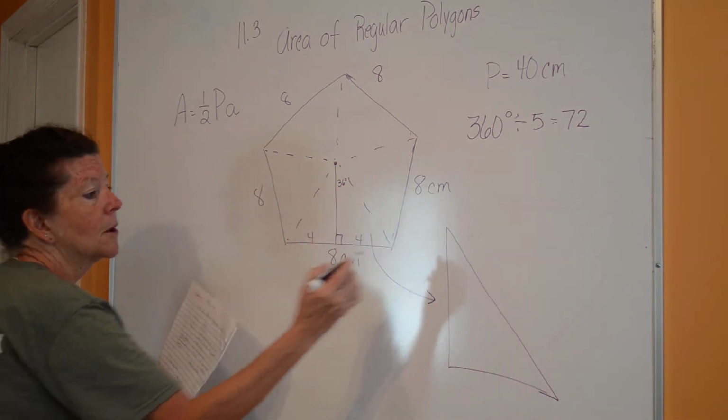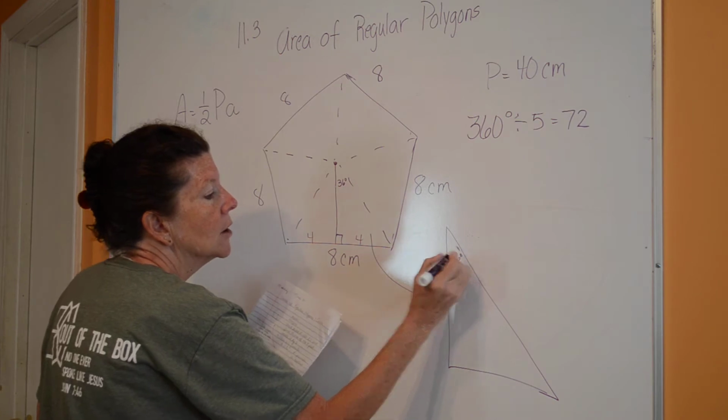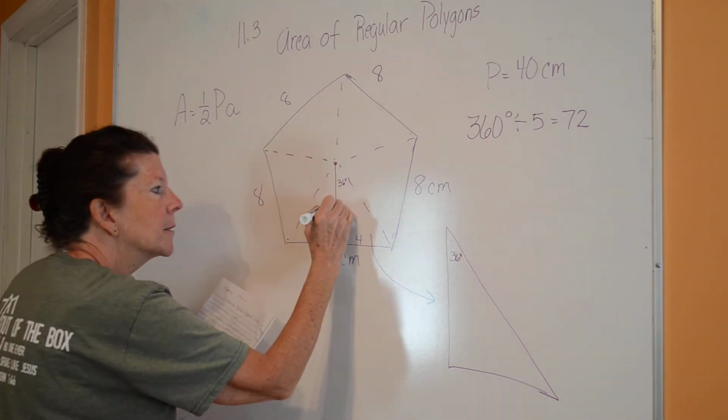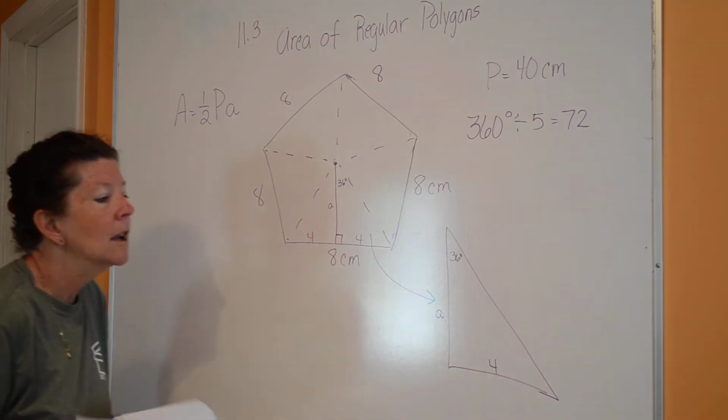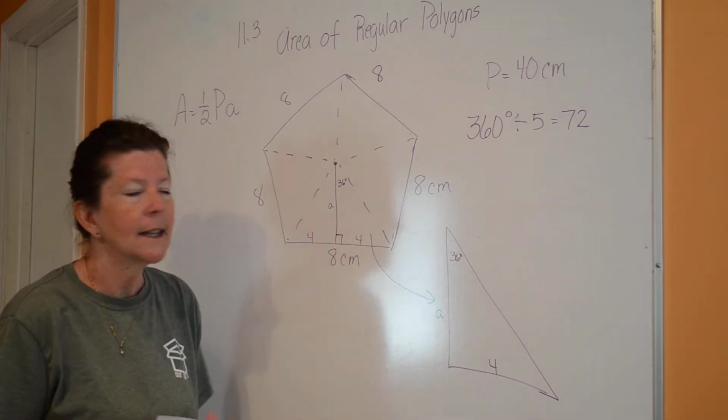I'm going to use what I know about trig to figure out the apothem right there. So I know that this is 4, and I'm trying to find A. Remember, opposite and adjacent is tangent.